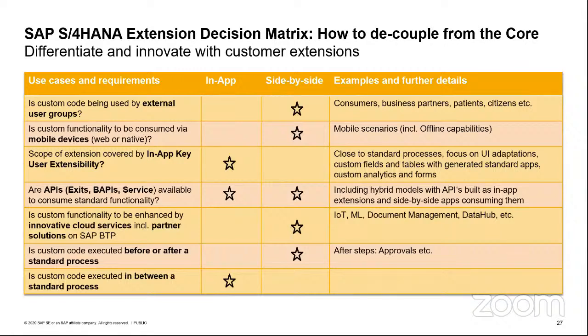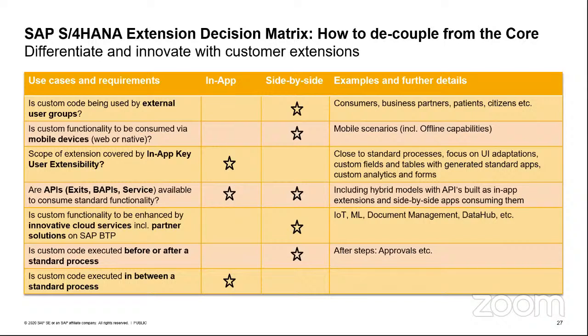For example, if you have a custom approval, or for your goods movement you want some kind of gate entry application, you can create it as a side-by-side application. Also, if your custom code is executed between standard processes, then it goes as in-app extensibility. That is some kind of cloud body.